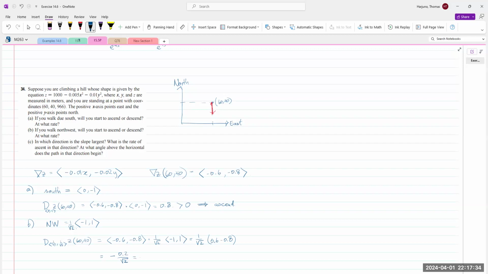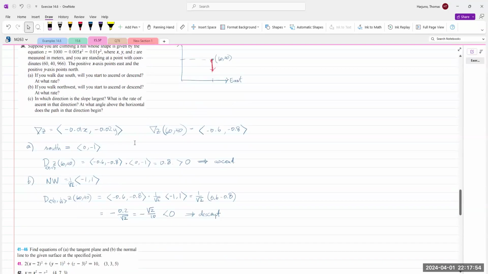I try to rationalize the denominator, so that will be negative radical 2 over 10. Because that's negative, it will be descending, at the rate of negative square root of 2 over 10.